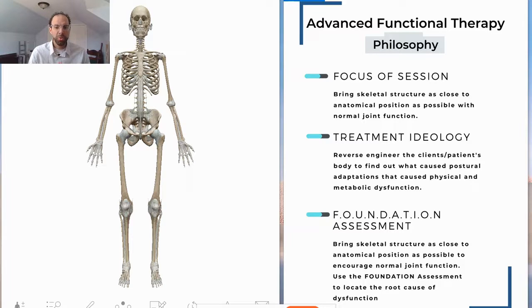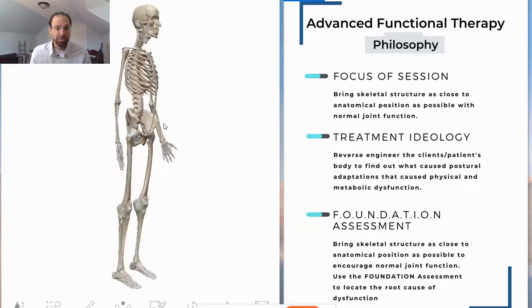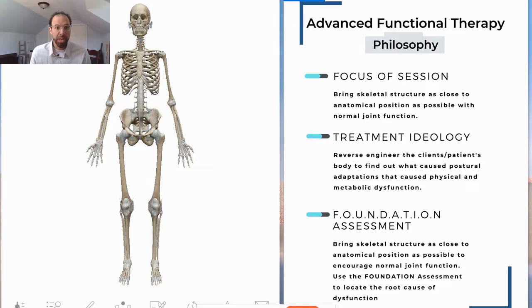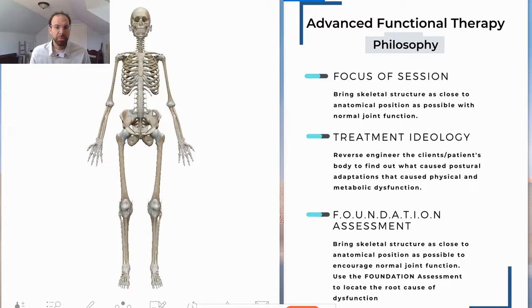So as we know, our body consists of bones, the skeleton, to help us be erect in the world, to help house our organs, our nervous system, our brain, everything that we have. This is the foundation of what's going on, the base.